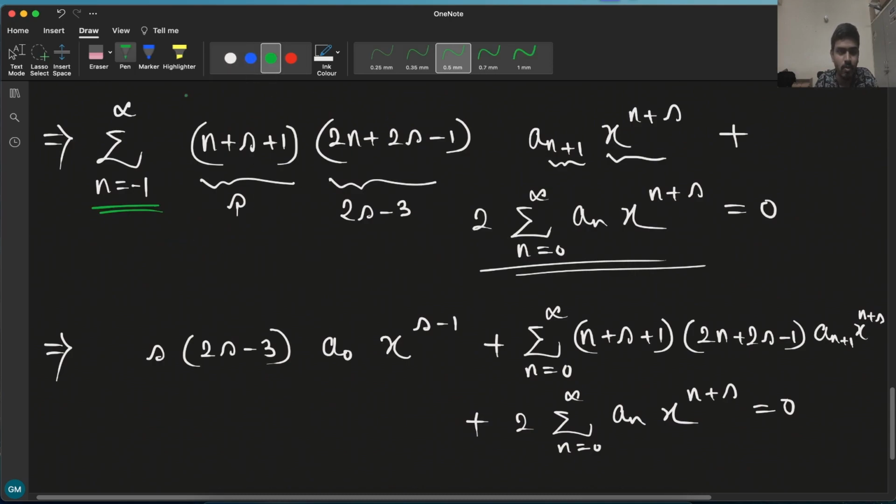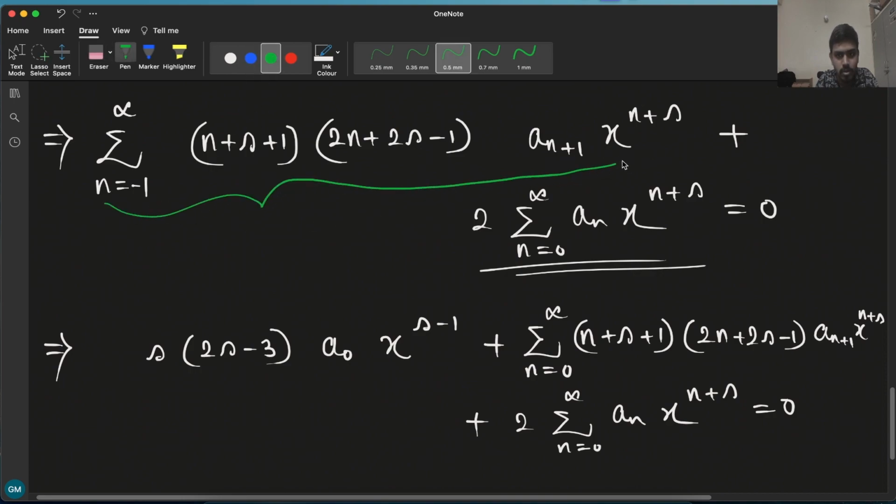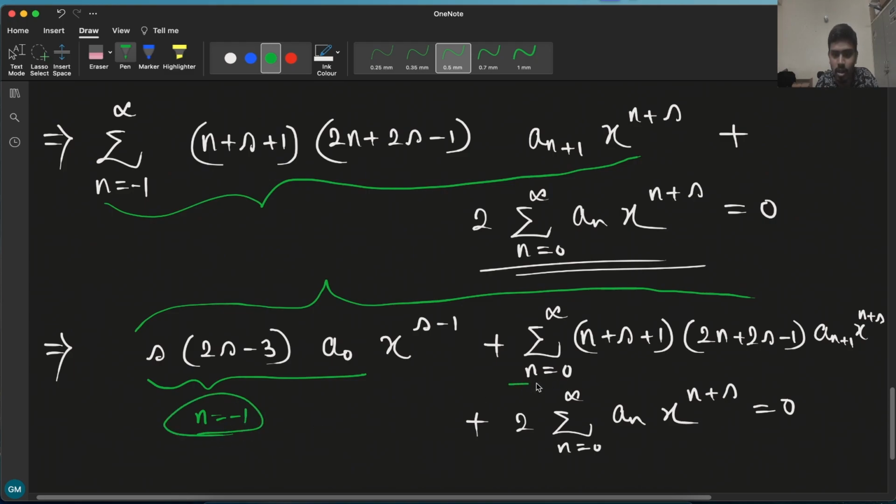So basically what I did is I wrote these terms, which were starting from n equals -1 to infinity, in this form. Now it has the n equals -1th term here, then all the other terms are written here, and the last term is here.